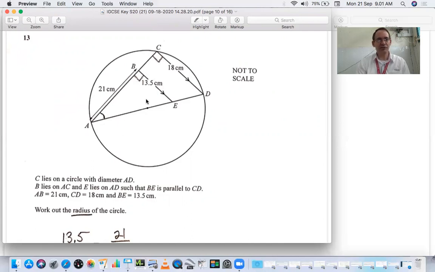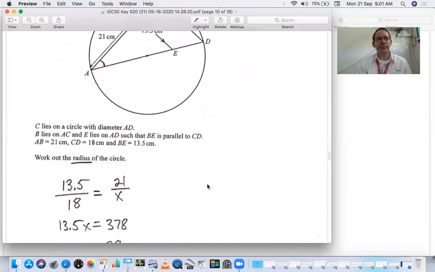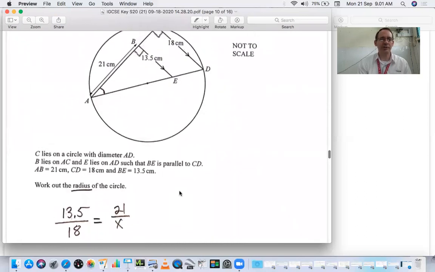So if these two triangles share two of the three angles, they share all three angles, meaning they are similar. So you can set up a proportion here. There's two ways to do it. You can either do one side of one triangle with the same side of the other, or you can do a triangle within itself.